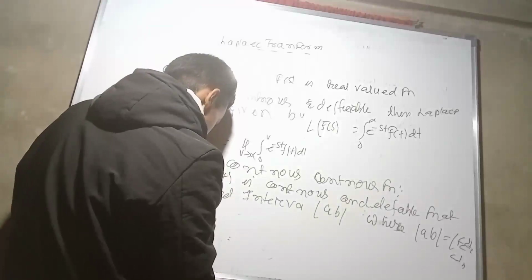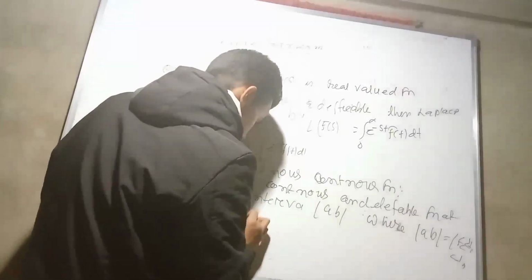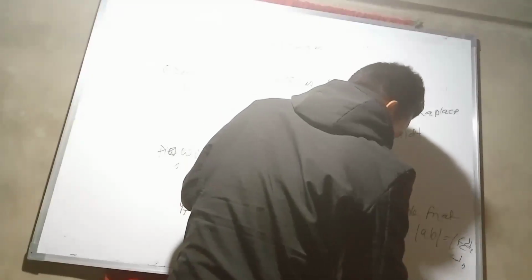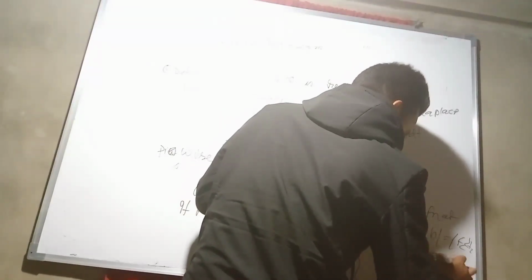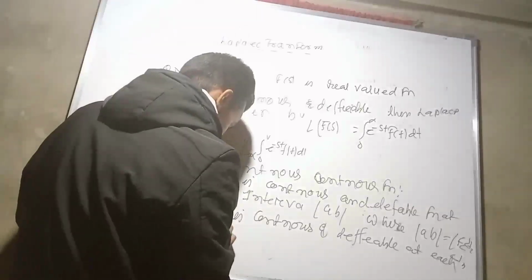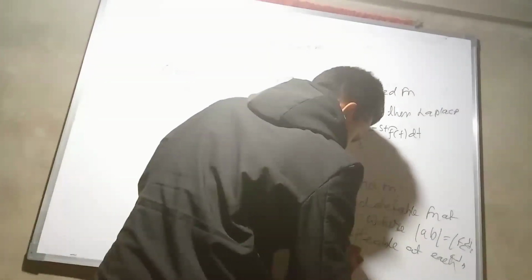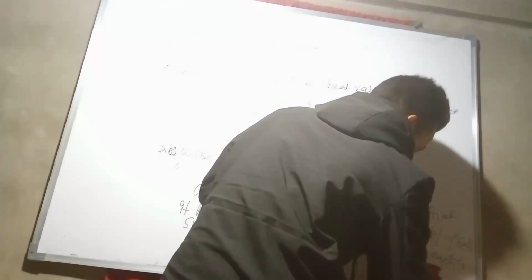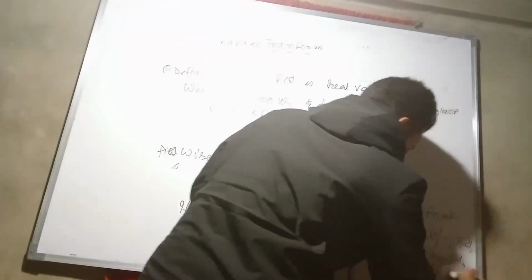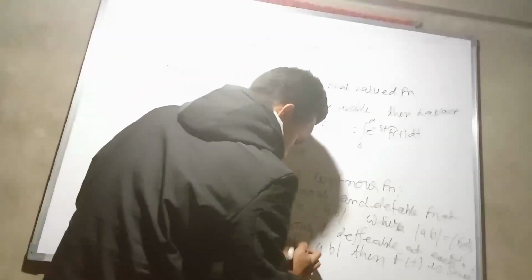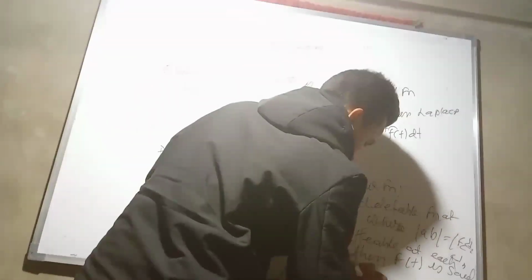And if f of t is continuous and differentiable on each subinterval of a b, then f of t is said to be a piecewise continuous function. So please note down it.